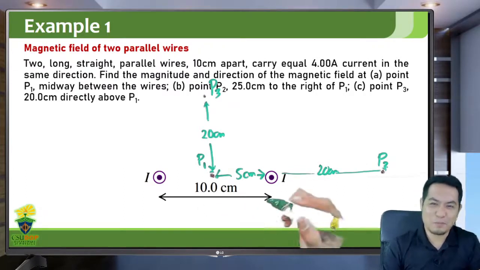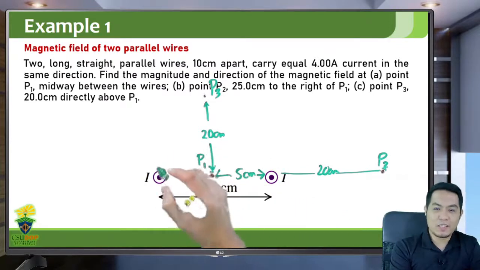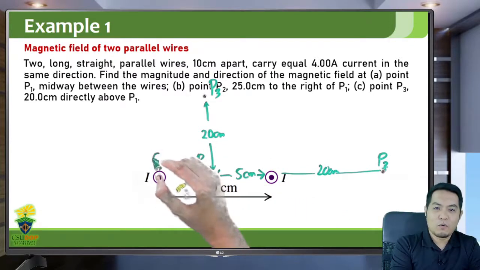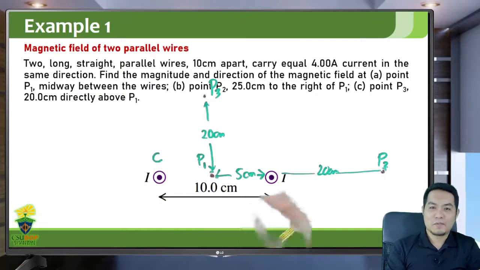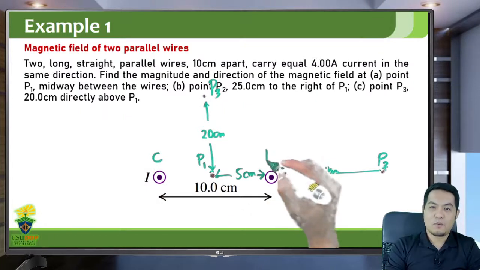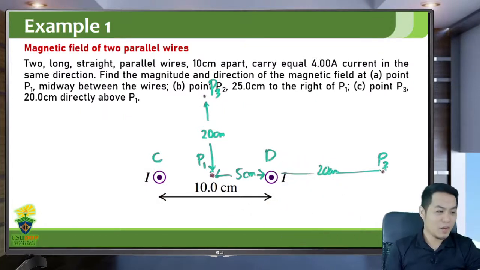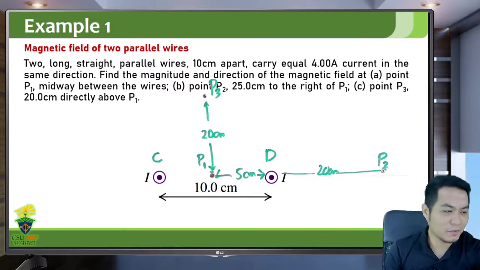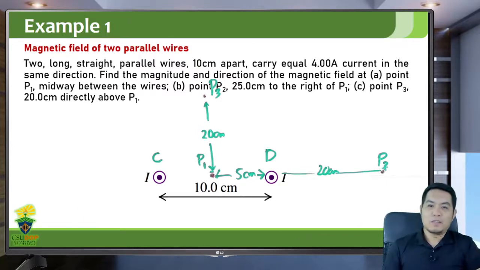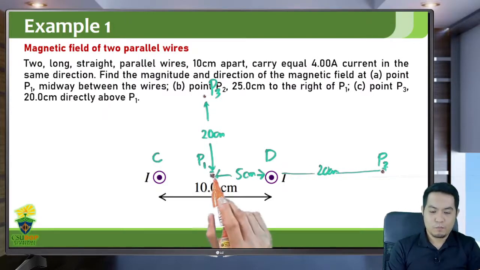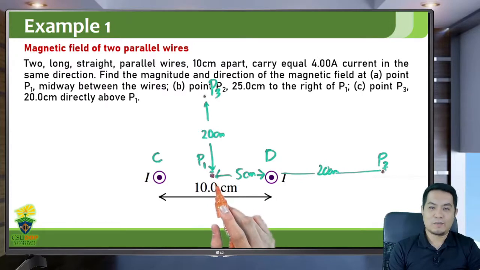So instead, I'm going to call this wire C, and this is wire D. Okay, so the magnetic field at P1 will be due to wire C and wire D.